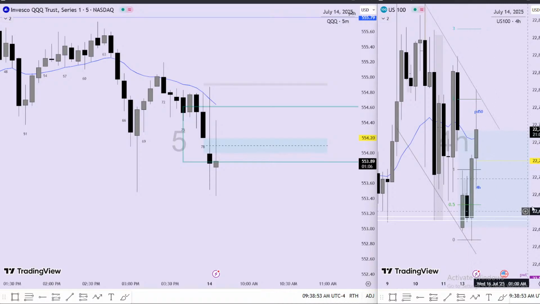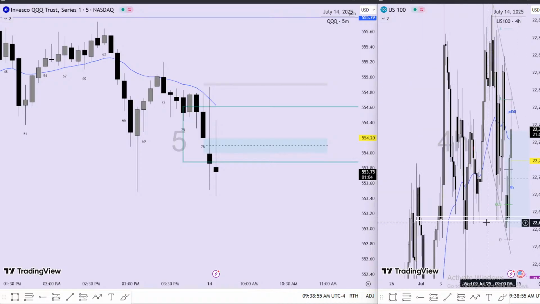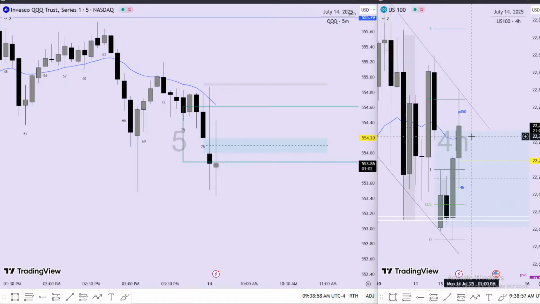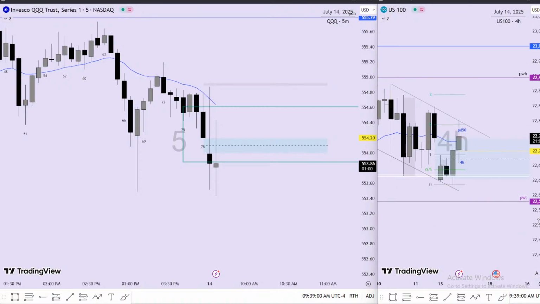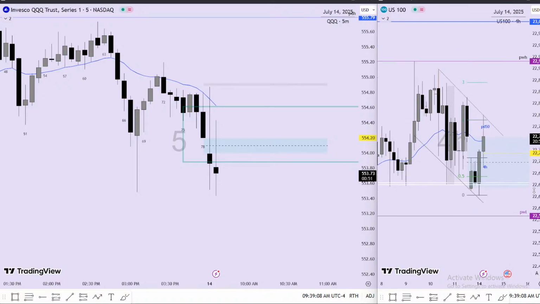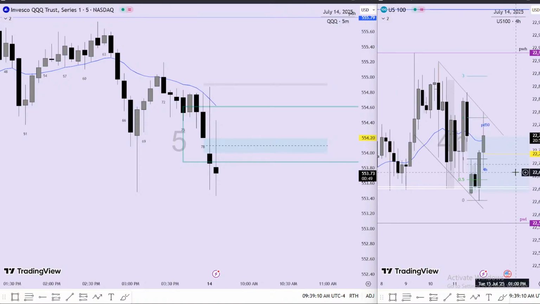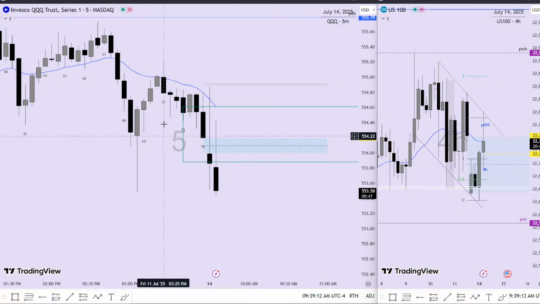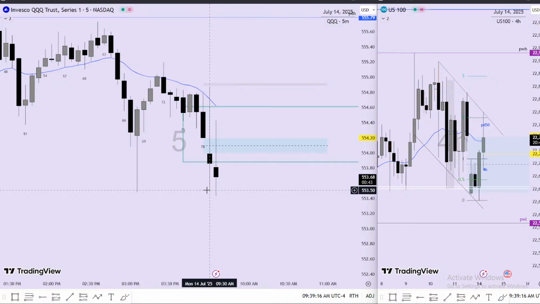Otherwise, we can easily fall back down to the monthly open. That's the least bears can get. That this is good enough. Let's see if we get closes below the bars.